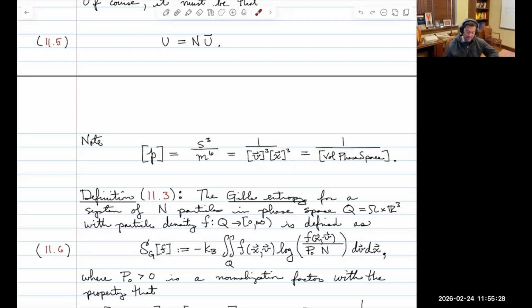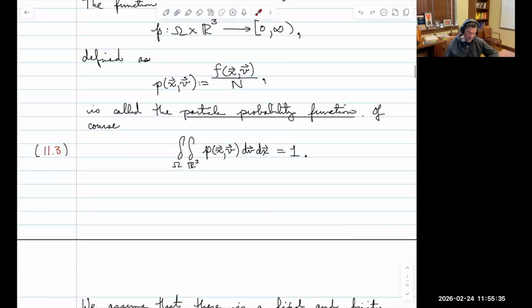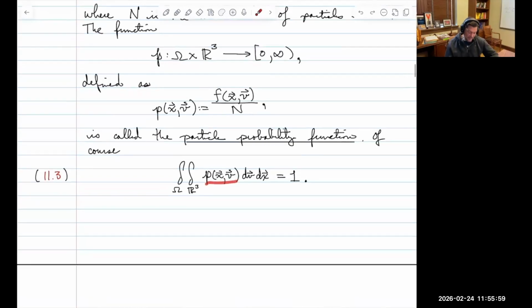P has to have units that are inverse to that. Why does it have to have units that are inverse to that? Well, because we want the total probability to work out to be exactly equal to 1 and no units at all. So we need the units that we get via integration here to cancel with the units of P. Well, actually, there's no real flexibility, I should say.